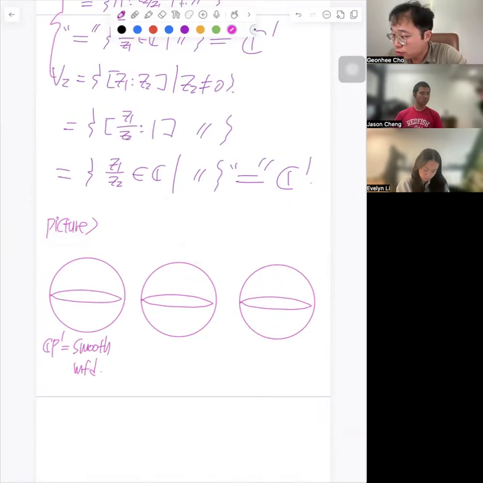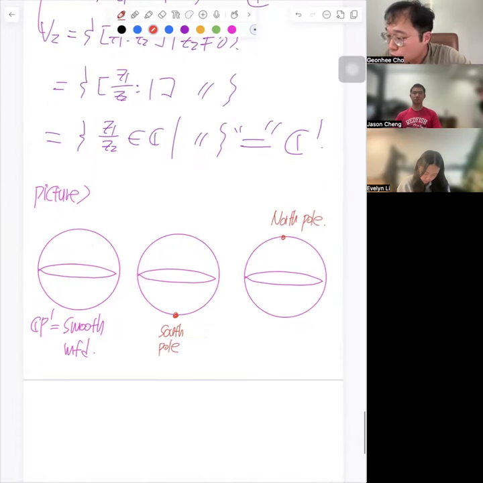And then you choose 2 points. One is the south pole, and another one is the north pole. These two are the target points. Then you want to forget about this point. When you choose the south pole, if you look at the north pole, you forget the south pole.